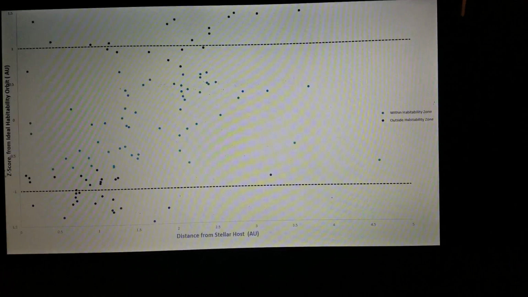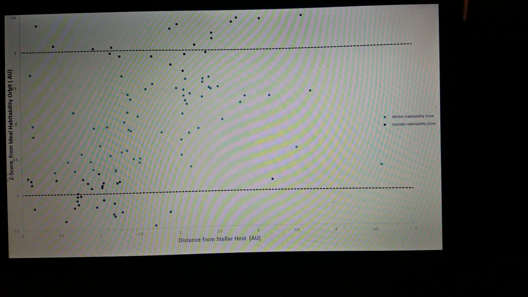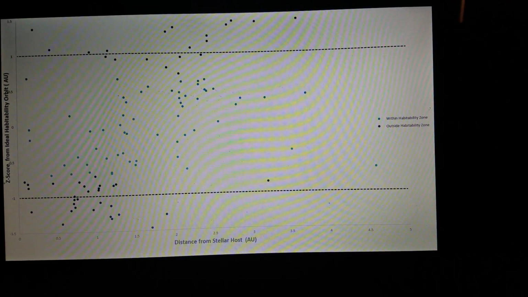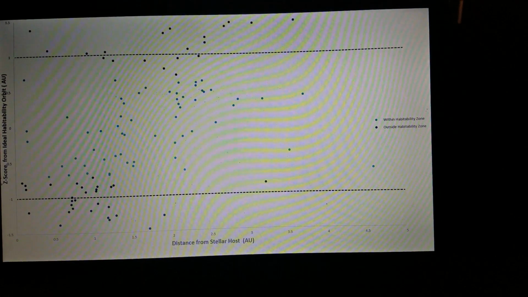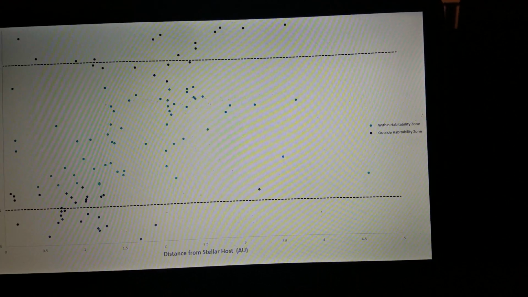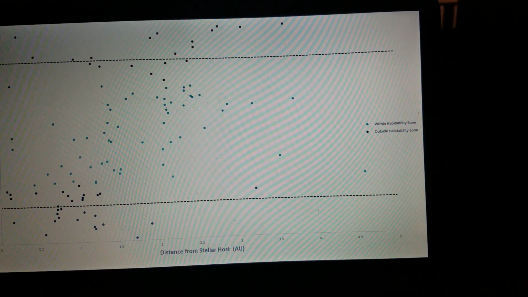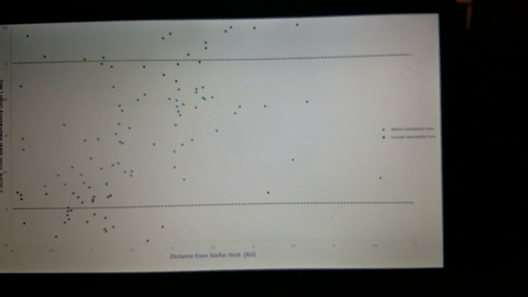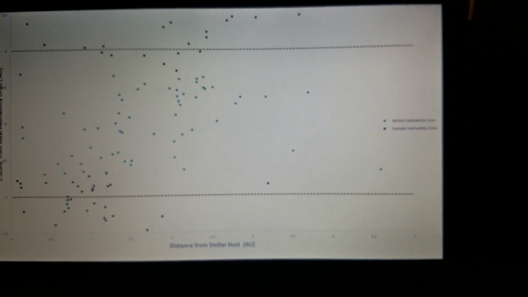We can see this a little more in detail here, with the upper inclination being 1 and the lower inclination being negative 1, with the light blue dots being the ones within the habitability zone and the dark blue dots being the ones outside the habitability zone. We see some go over the line where they're not supposed to, because the orbit distance is an average.